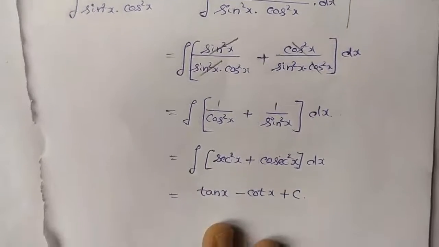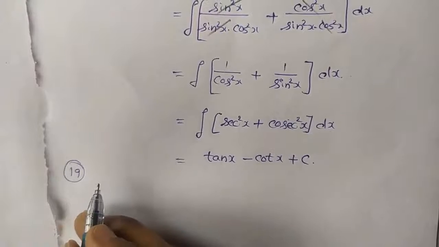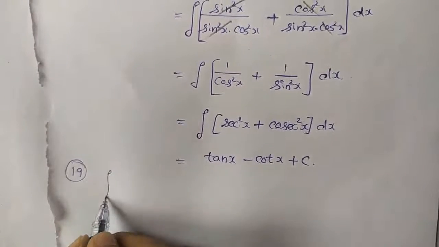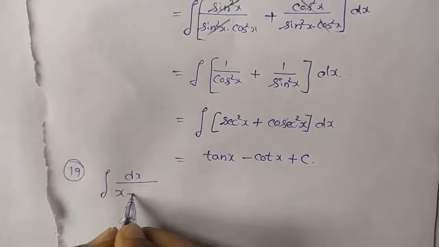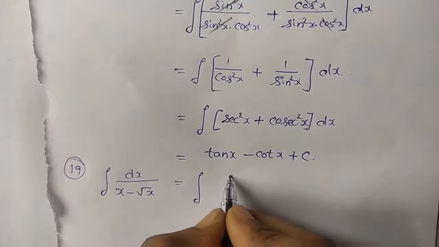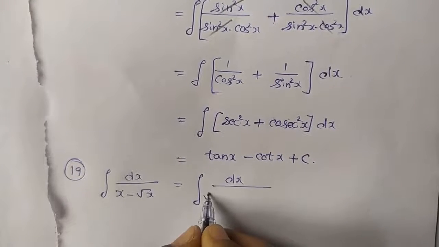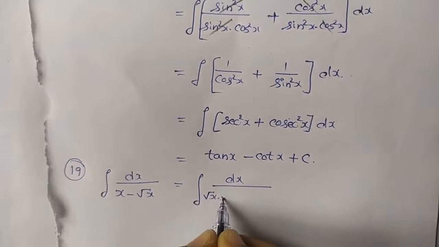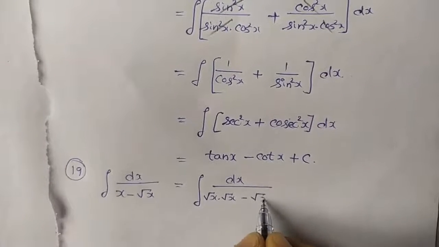See the 19th question now. Evaluate integration of dx divided by x minus root x, which equals integration of dx divided by x, where x is written as root x into root x by using the concept of surds, minus root x.